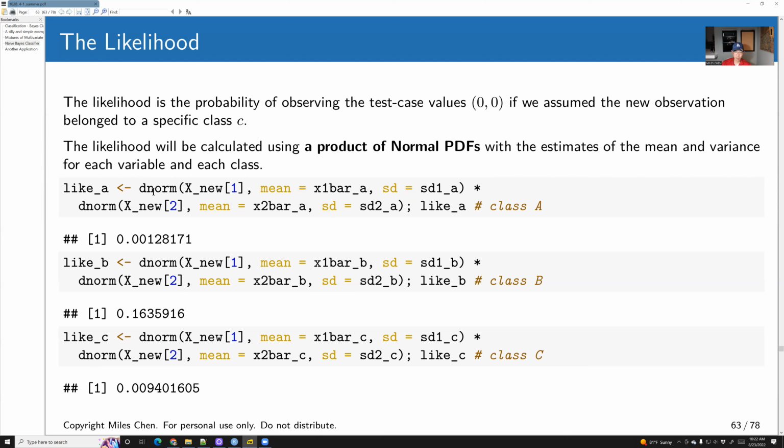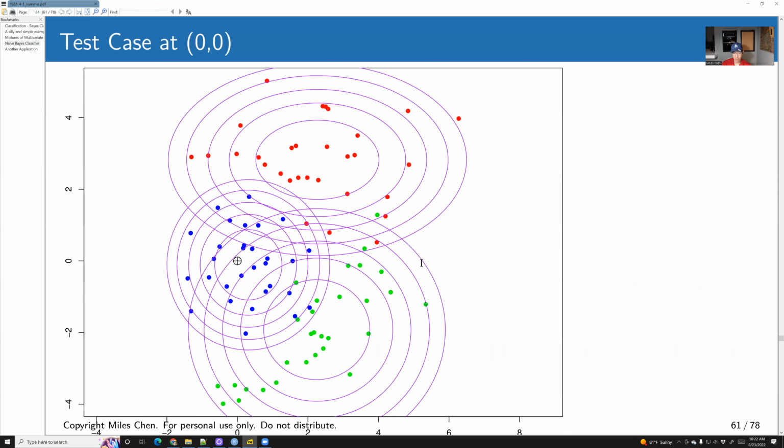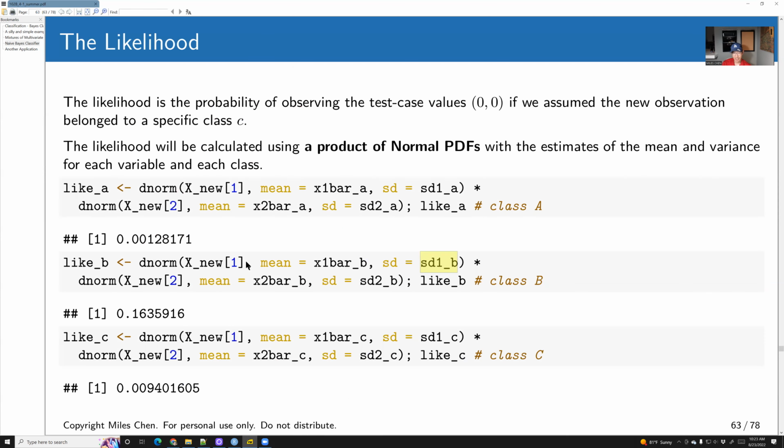All right, so anyway, we do this for class A, and I do this for class B. The only thing that I'm changing is I'm using the mean of class B. What's the probability I get 0, 0 if we use the mean of class B, which is going to be close to 0, 0, I think 0.2 and something else. And then what about for class C? Again, we're not using the multivariate normal density.